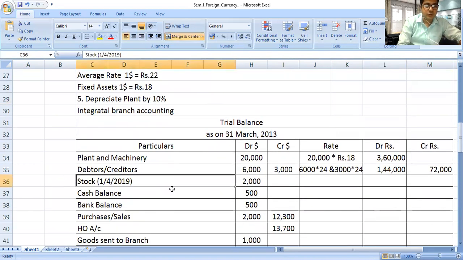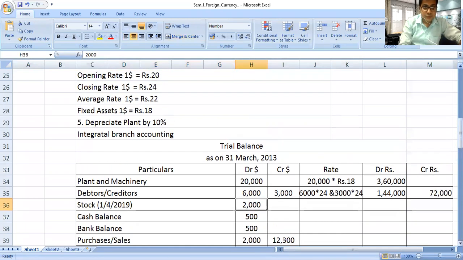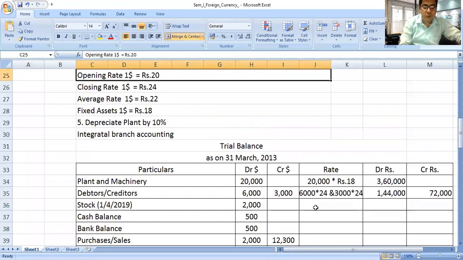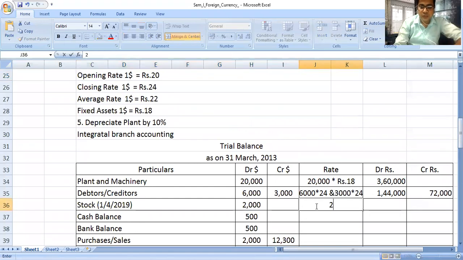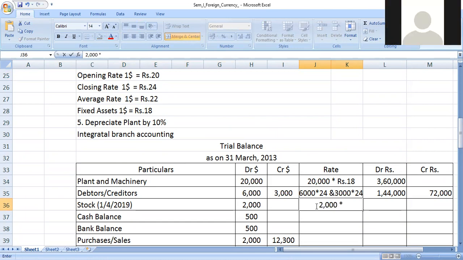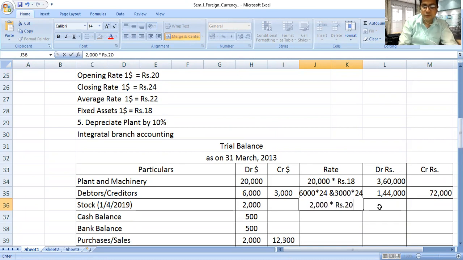Then after that, stock. It's the opening stock as of 1/4/2019, and the value of opening stock is 2,000. For opening stock we will use the opening rate.